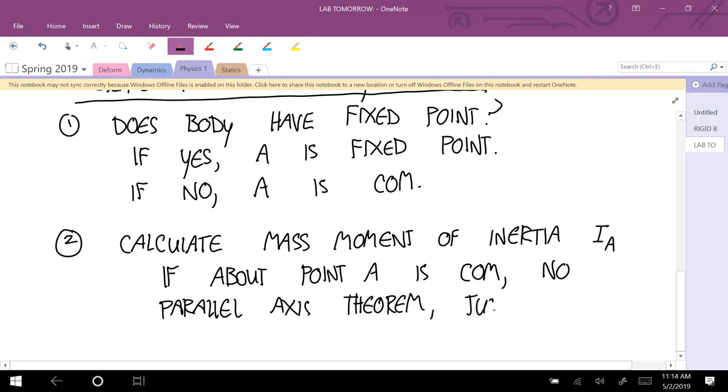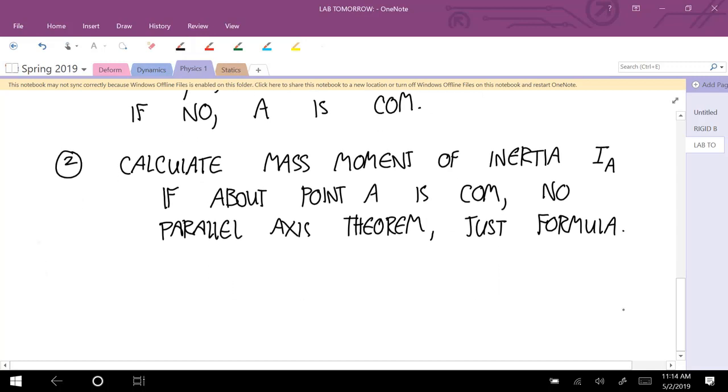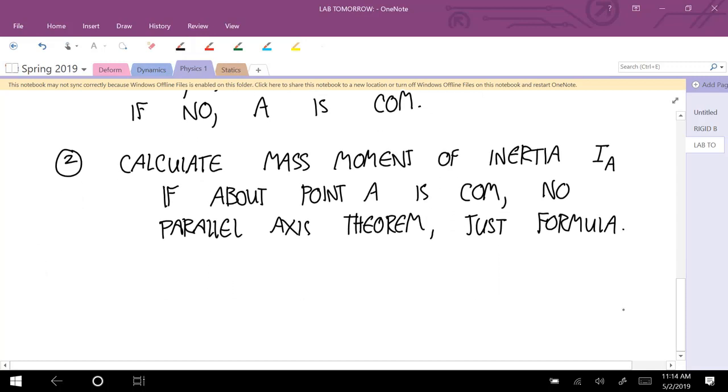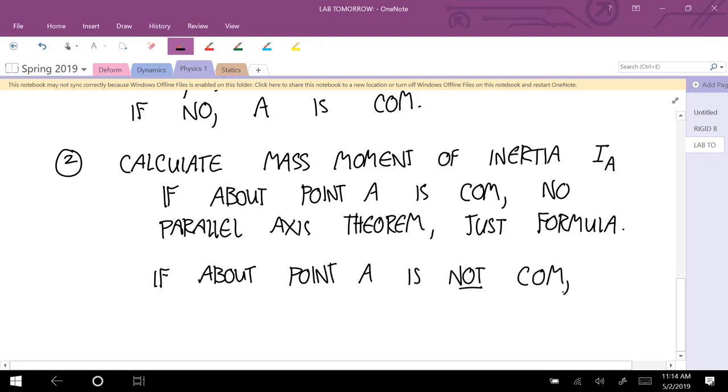All you have to do is use the formula. If the about point is not at the center of mass, then you will use the parallel axis theorem.